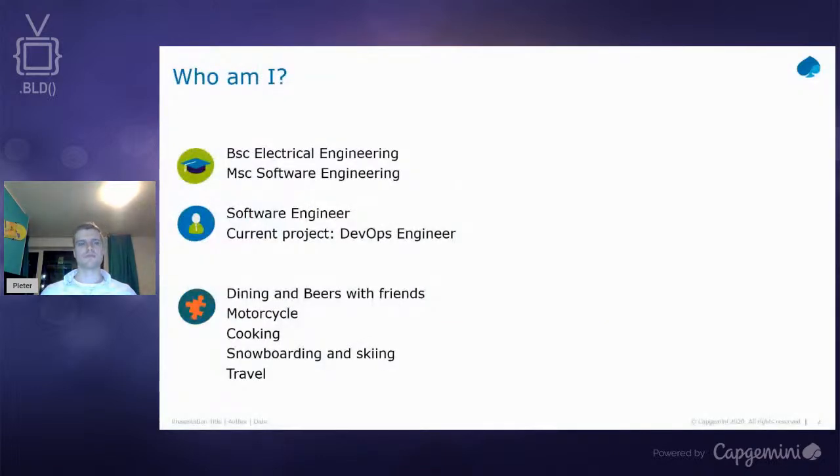So, who am I? I'm Pieter Donkers. I'm working at Capgemini as a software engineer officially, but currently I'm working as a DevOps engineer for my current client. I have a bachelor's in electrical engineering and a master's in software engineering, and a little bit of a background as a software engineer and a consultant. In my free time, I like dining and having beers with friends.